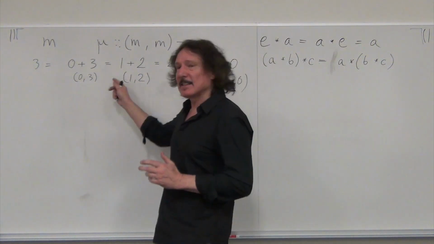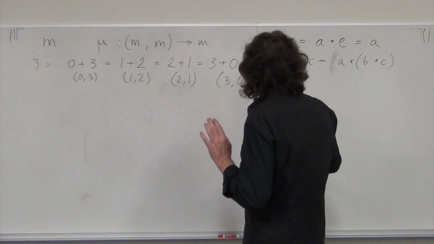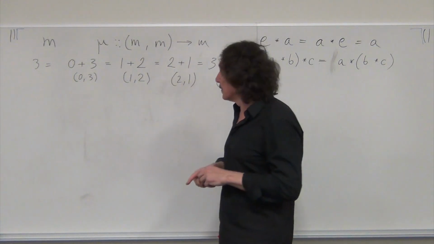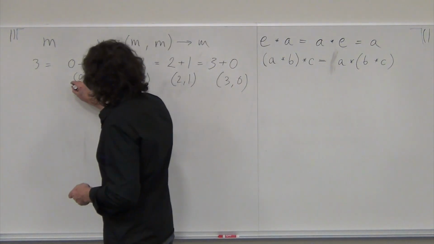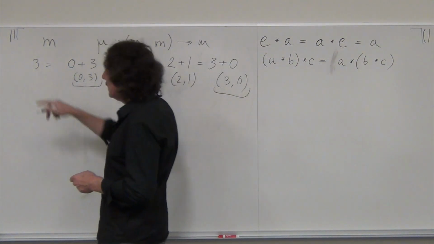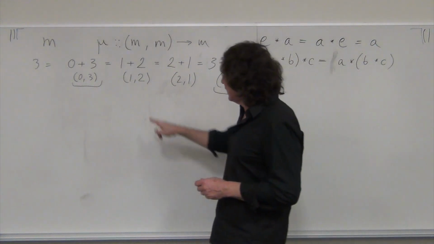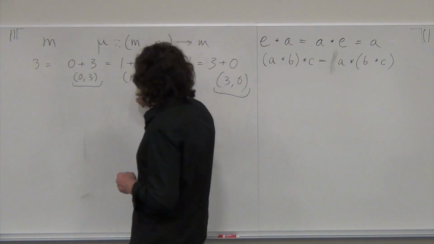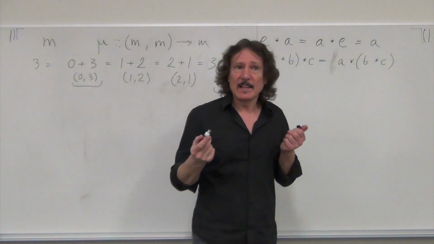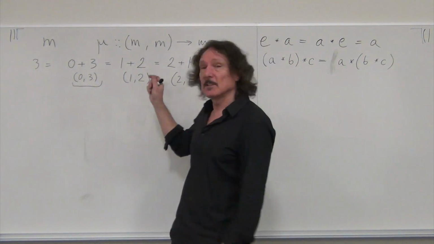Now, some of these identifications follow from the axioms, from the rules of monoid, right? So the fact that the pair 0, 3 and the pair 3, 0 are both equal to 3, that just follows from the unit law, right? But why is 0, 3 the same as 1, 2? Well, that's sort of accidental. That's something that's very specific to this particular monoid.